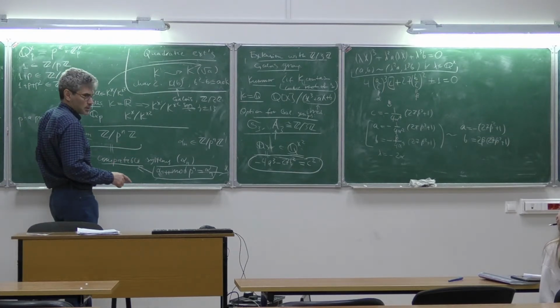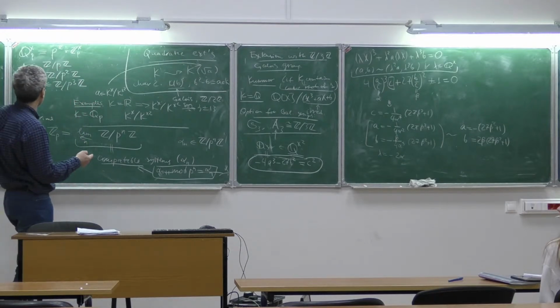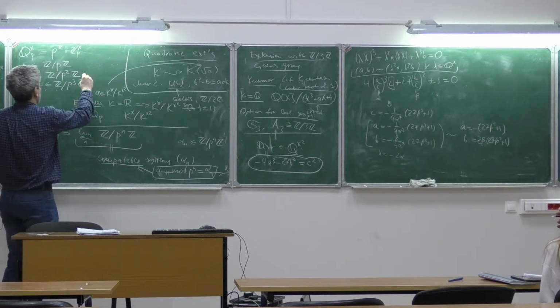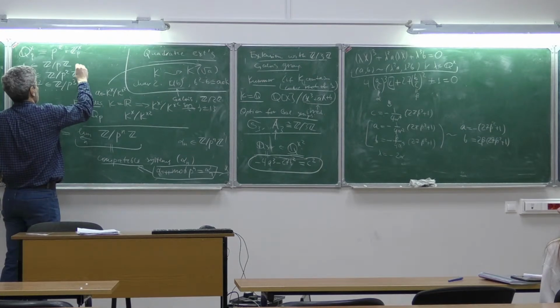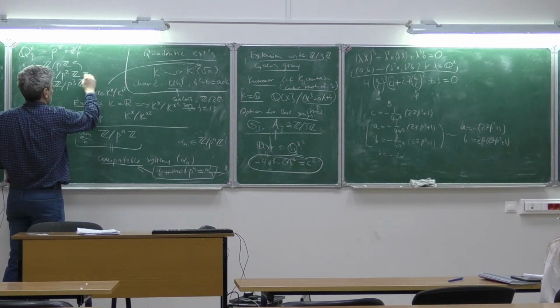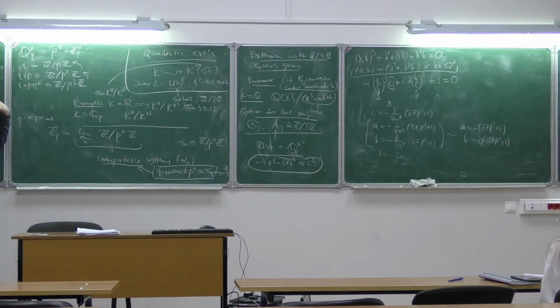Compatible in this sense, that you have maps between these rings or groups. So this is just reduction modulo lower powers of p, and compatible in the sense that these elements are sent to each other.